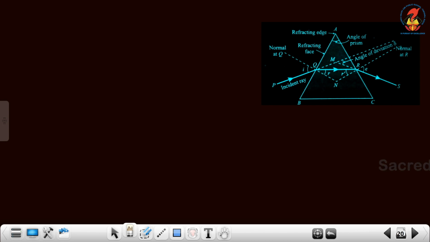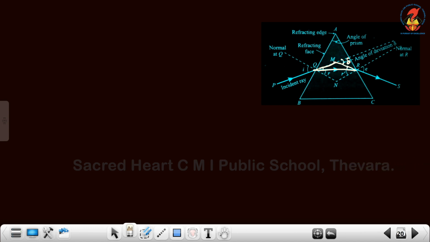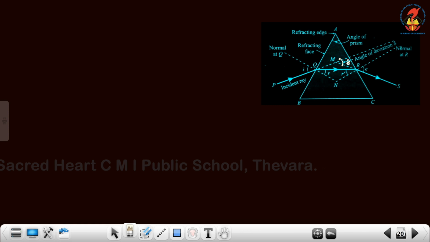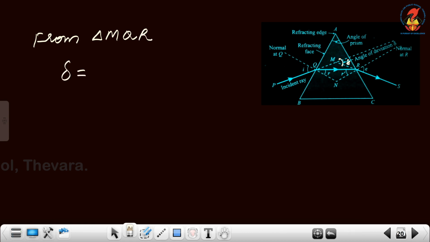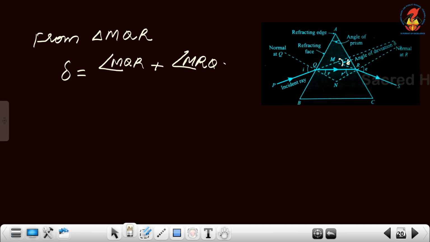Now, from the triangle MQR, we can say the exterior angle, that is delta, is equal to the sum of the opposite interior angles, that is angle MQR plus angle MRQ. But we don't know what MQR is and we don't know what MRQ is. So what we are going to do is look at this diagram. This is angle i, isn't it?